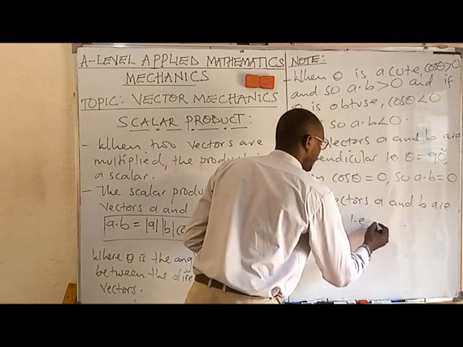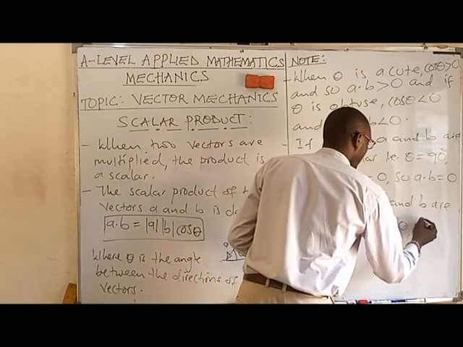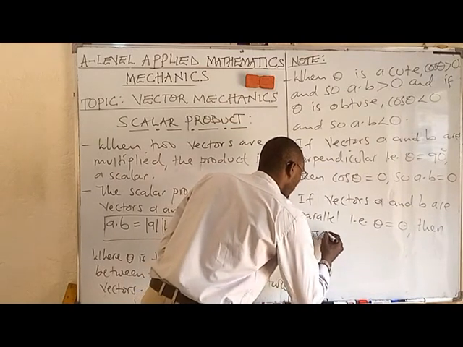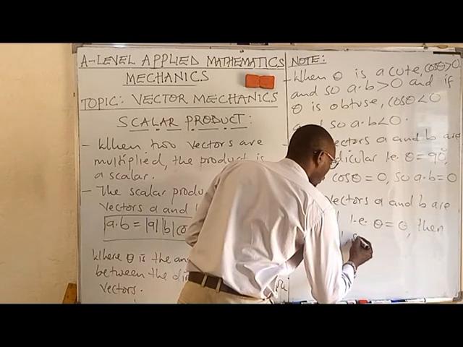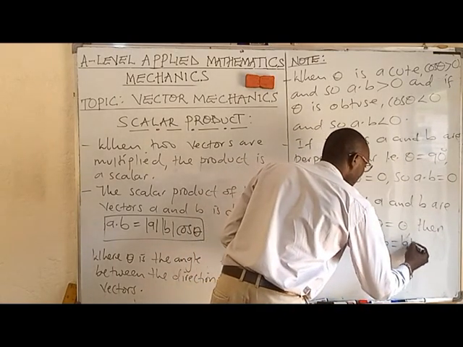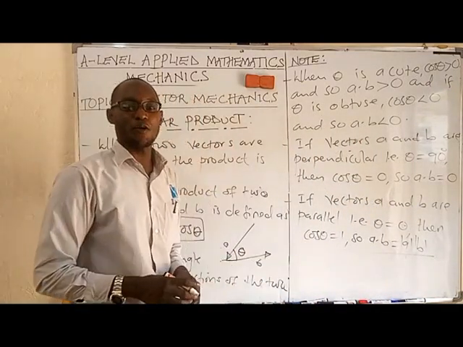I.e., if the theta between them is equal to 0, then we are going to discover that the cosine of theta is going to be 1. So our A dot B is going to be the product of the magnitudes of these vectors. So that is for parallel vectors.